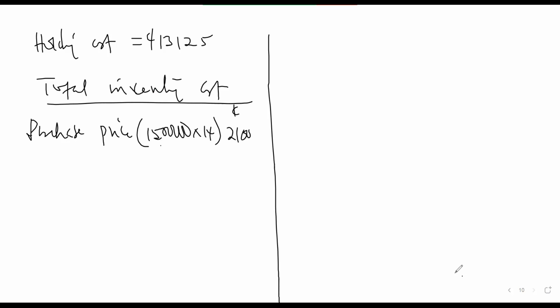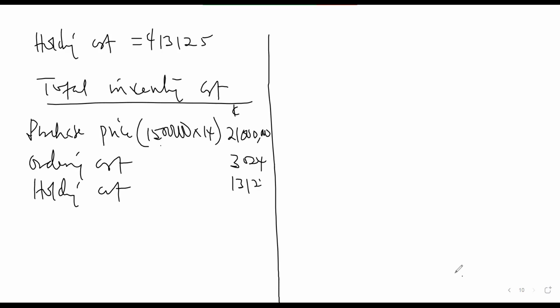Okay, 21 million, isn't it? Yes. Okay, then we now have the ordering cost. Ordering cost was 30.24. Okay, then you come to the holding cost. That will be 13125. Okay. So if you total that, that will be your total cost under the current position.